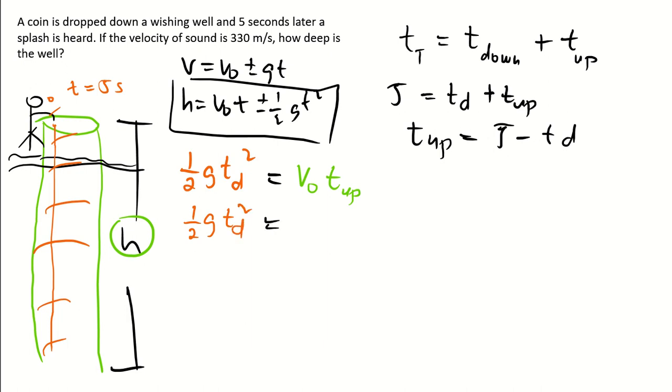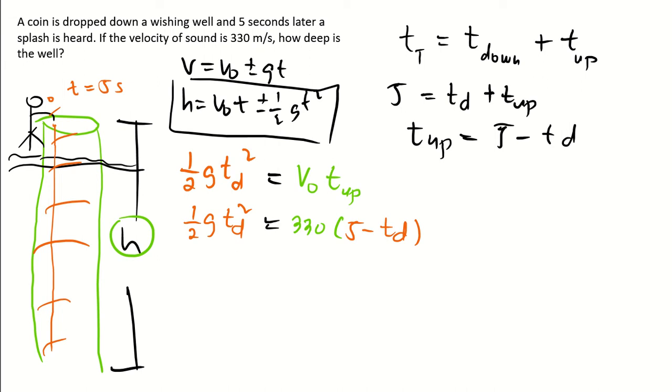is equivalent to the V initial, which is 330, multiplied by the T up. Ang T up, okay, T up is 5 minus TD. Okay, so simplify ko na.